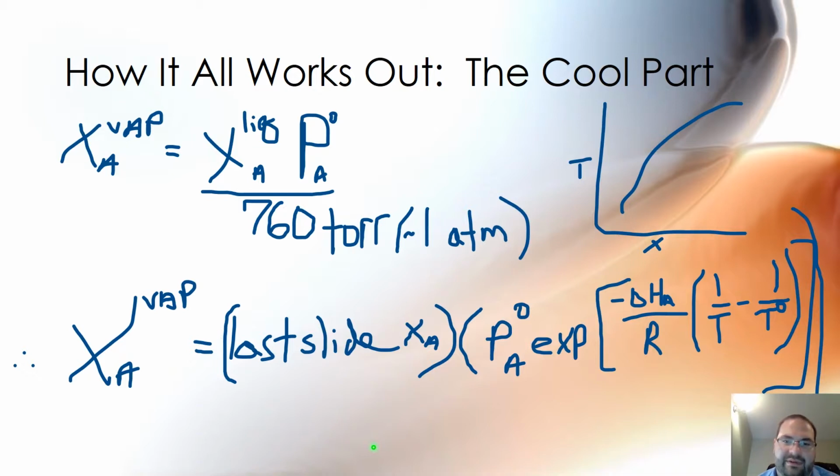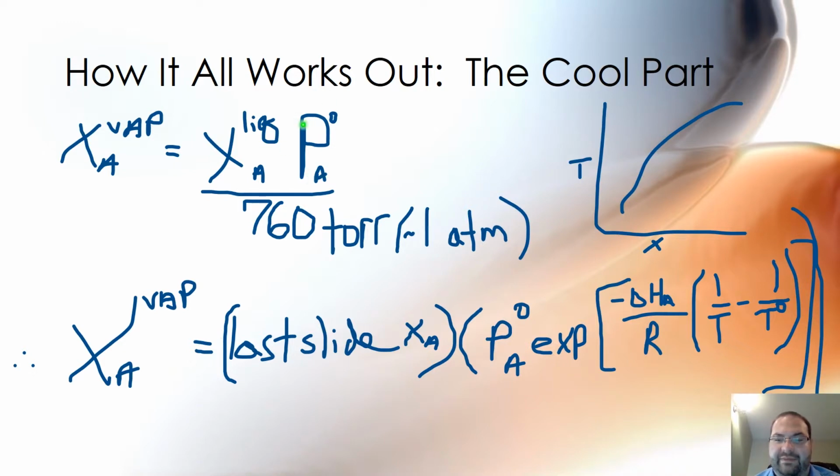And basically what you do is you take this equation and you substitute the Clausius-Clapeyron equation into it just like you did for the other. And when you do that, you'll end up with basically the equation that you had over on the last slide multiplied by the Clausius-Clapeyron substitution for this pressure here.